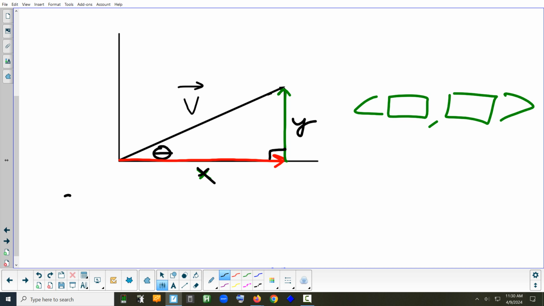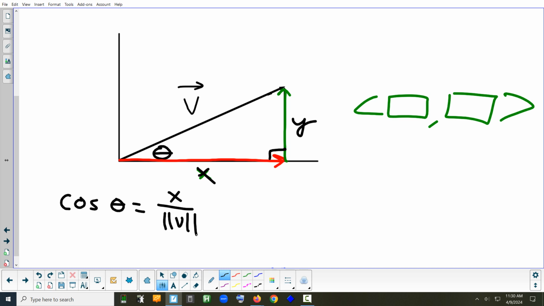Cosine of theta equals x over v. Can you be more specific? What about v, specifically, what about this side? The magnitude of it, exactly.